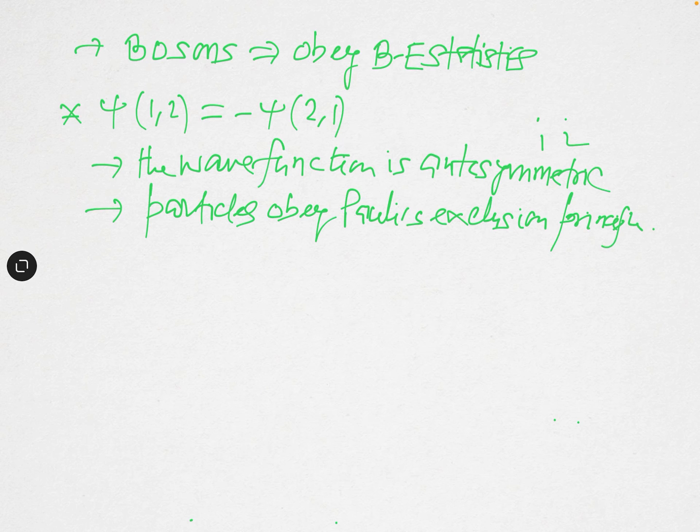So these particles which follow Pauli's exclusion principle are known as fermions. And this symmetry operation is invariably used in the study of nuclear physics.